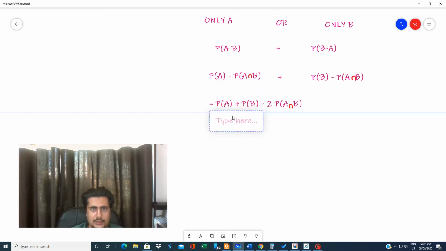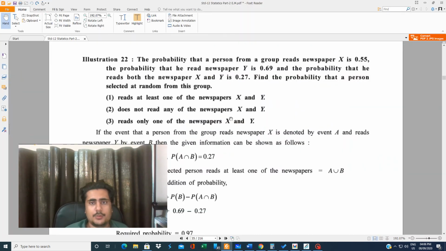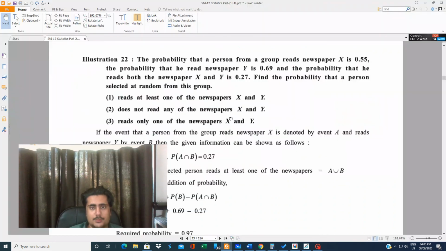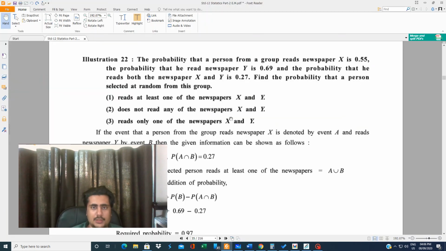Now let us solve this sum. What is P of A? P of A is 0.55. Plus, what is P of B? It is 0.69. Minus 2 times P of A intersection B, which is 0.27.